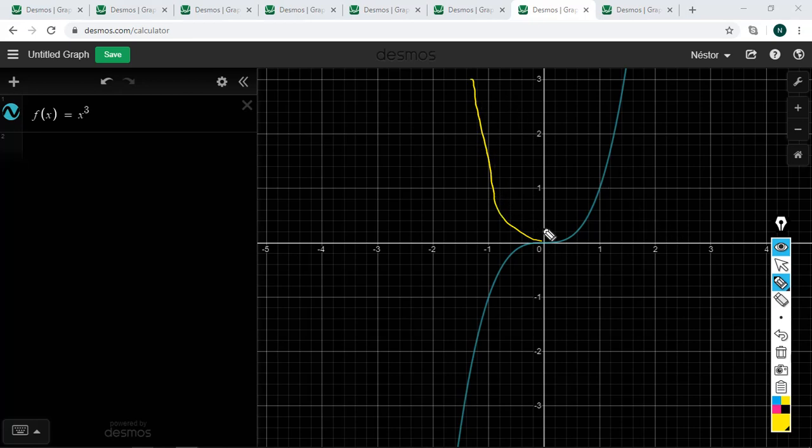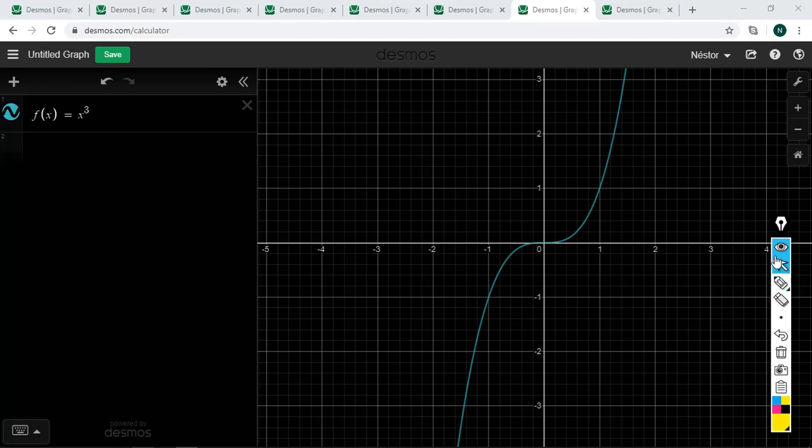You're gonna get this piece and this piece now by folding about the y-axis. Now, if you fold this about the x-axis, this piece now coincides with this other piece. Sorry about that, but you get the idea, right? They coincide, they match, and therefore this is a function which is symmetrical with respect to the origin.